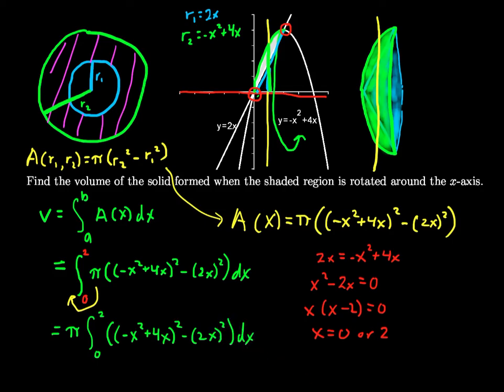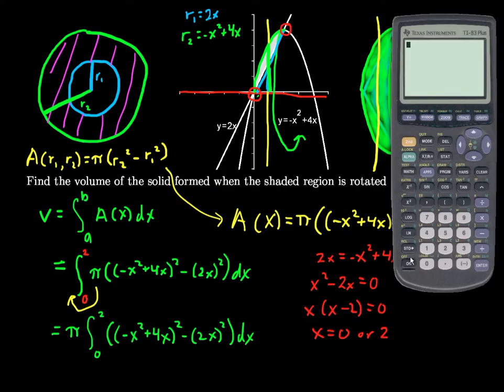And let's jump to the calculator. Turn it on. Okay, so we have pi times math 9, which is the fnInt, of negative x squared plus 4x, close that off, squared, minus the inside function, 2x, squared, dx, as we go from 0 to 2.